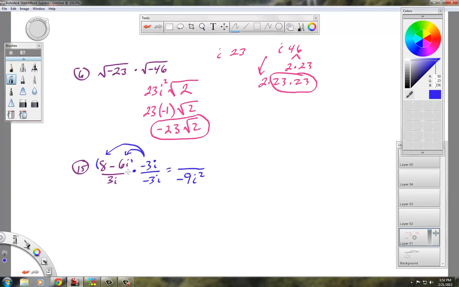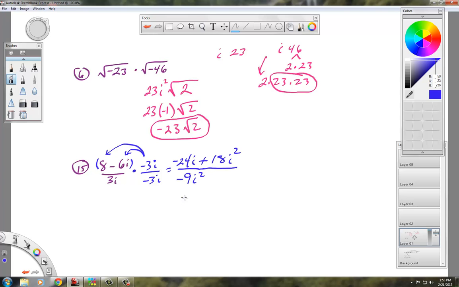You can put that in parentheses if you like, but it's negative 3i times each one. So that's going to be negative 24i. And then I'm going to have negative 3i times negative 6i. So that's going to be plus, because you got a double negative there, 18i squared.